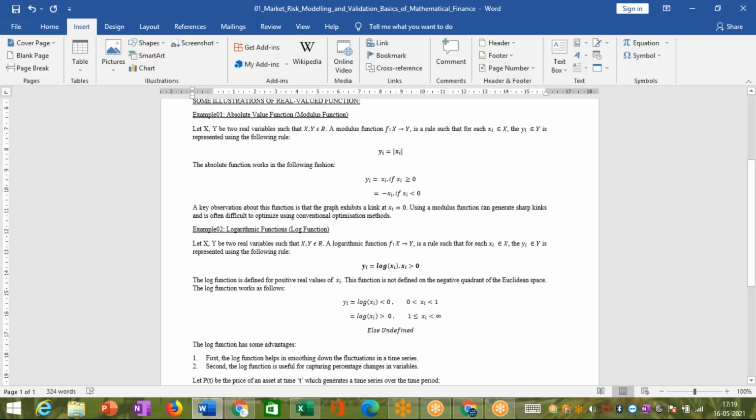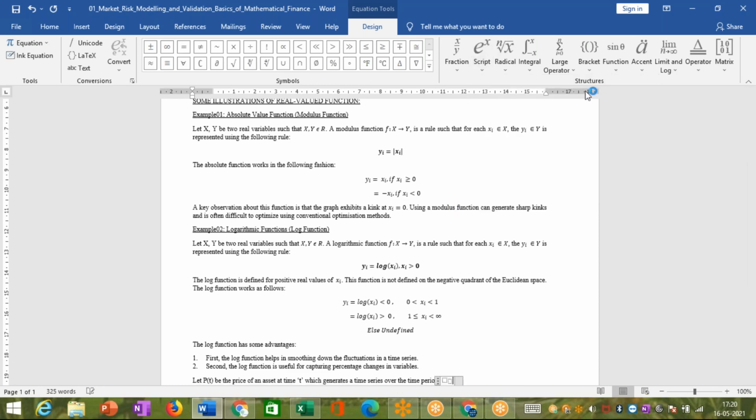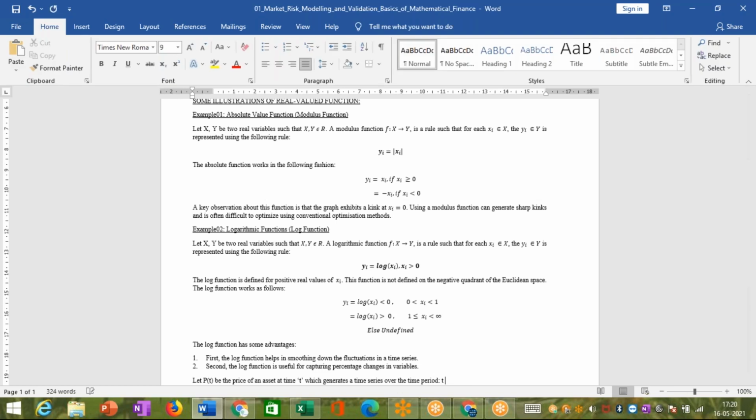Time period t equals to 0, 1, 2, dot, dot, dot, t.